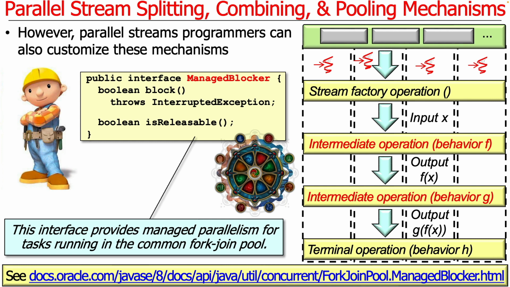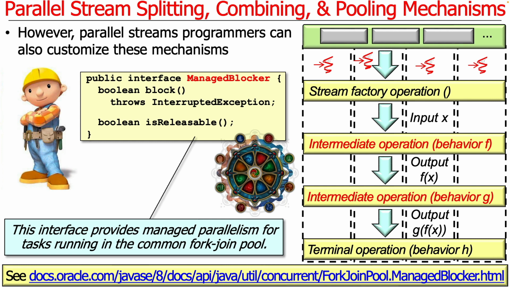And that's the one place where you can get a modicum of control over what's going on in the apply phase. So you really can't influence too much the ordering in which things run in the apply phase, but you can control whether there's extra threads that are created in the apply phase. And that's done by using the ManagedBlocker.